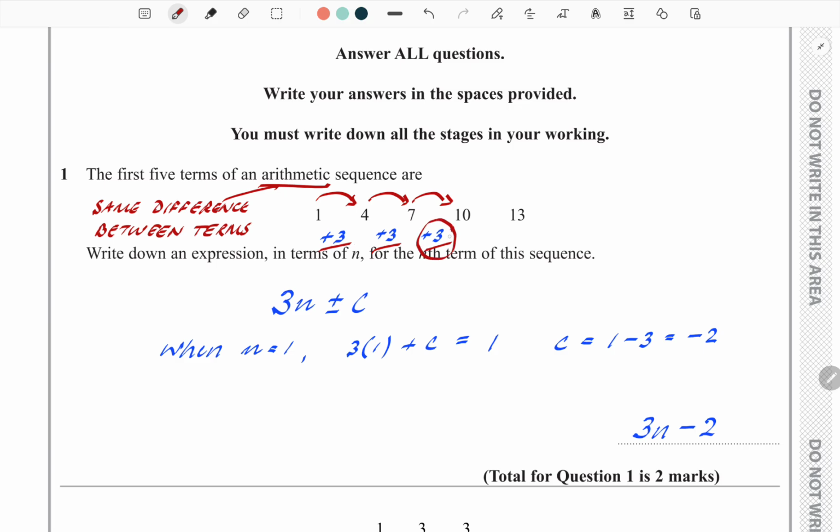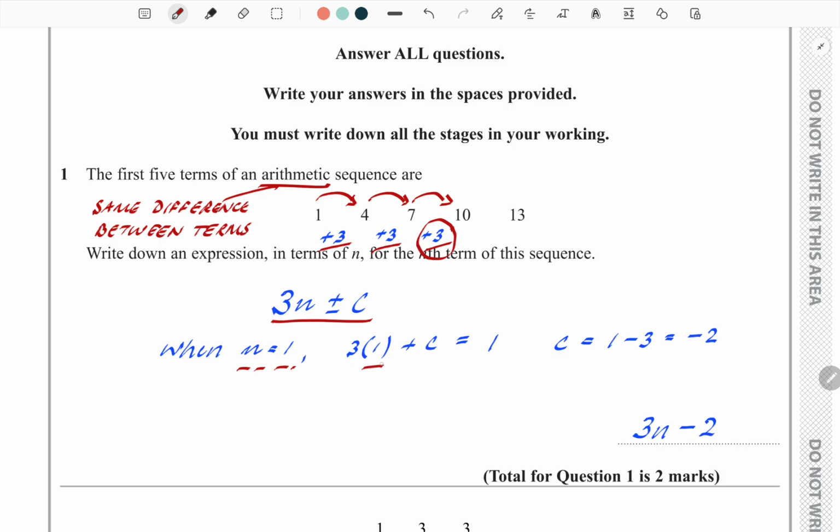So for example, the 3 times n, n being obviously the number of the term that you're interested in. And then you need a plus or minus another number to get it to be the exact sequence that's given. So that's where we get the 3n plus minus c, right? C being the constant. So use the first one, n equals 1. Put that into what we just suggested there, the 3n plus c.